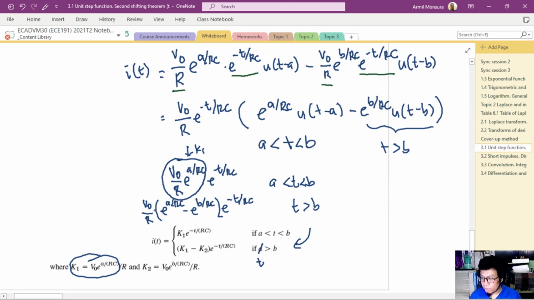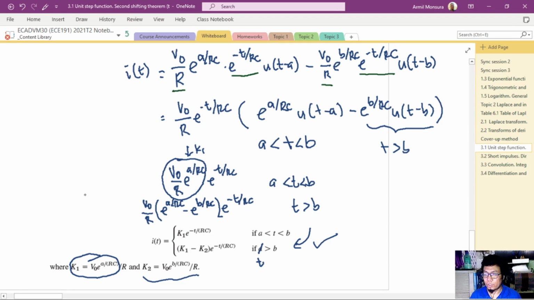So if you can see, we have defined the term v0 over r times e raised to a over rc as k1, and v0 over r times e raised to b over rc as k2. So essentially, this is k1 minus k2, leading to this answer.